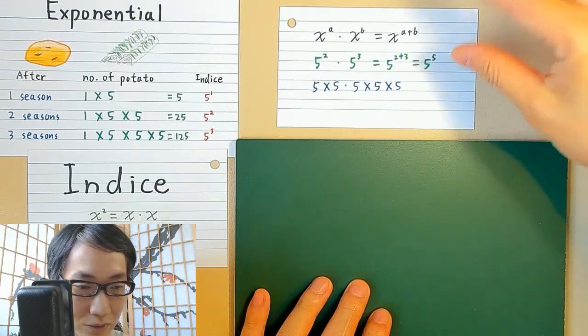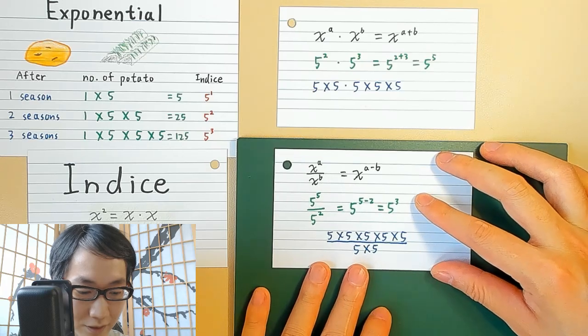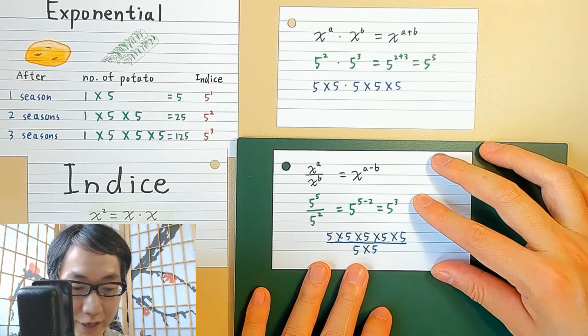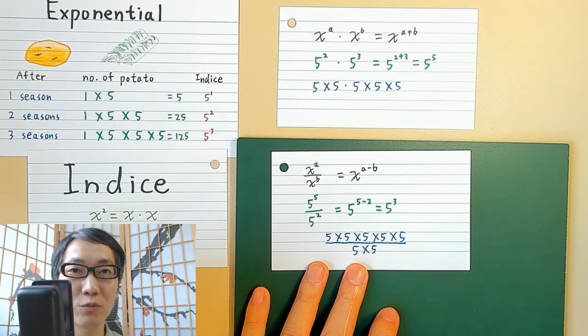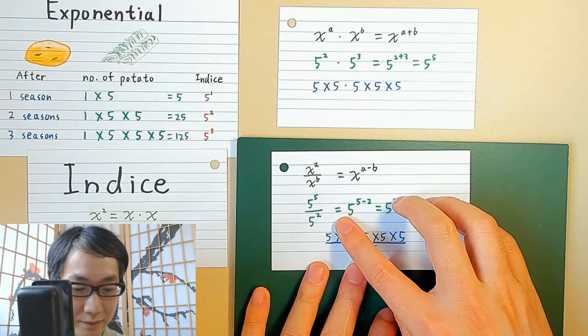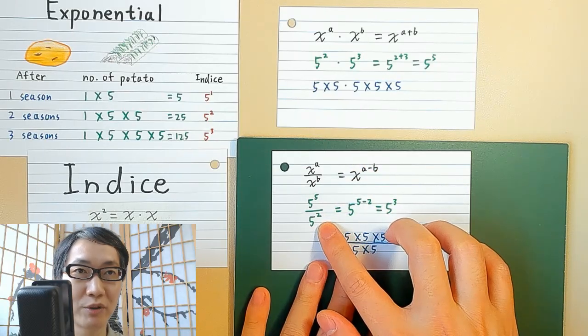And then this one: x to the power of a over x to the power of b is equal to x to the power of a minus b. This is like going back, because dividing is the reverse of multiplication.